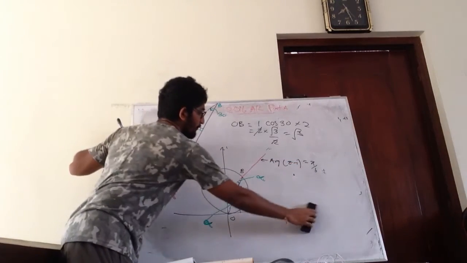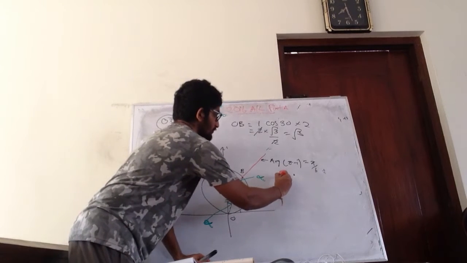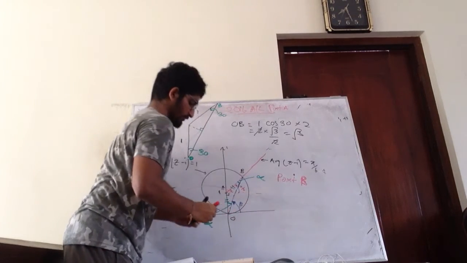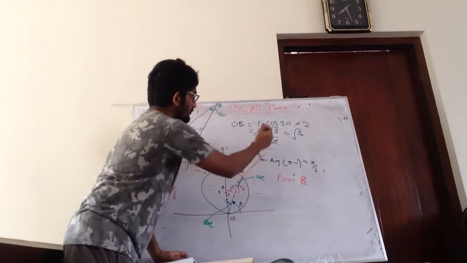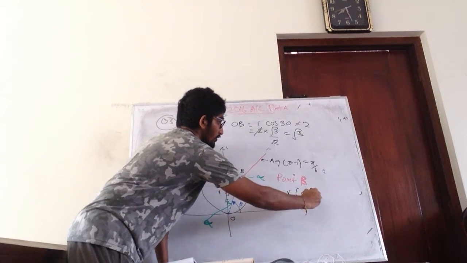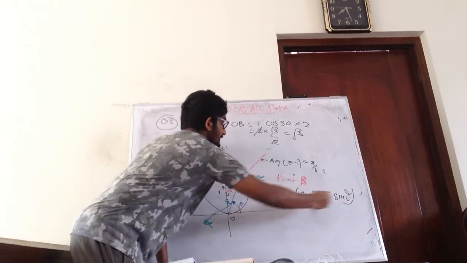Now I'm going to write point B as R cos theta plus i sin theta, no?